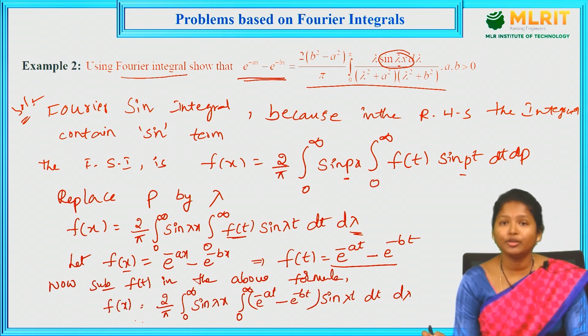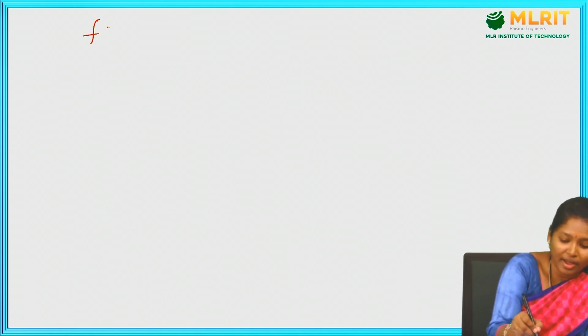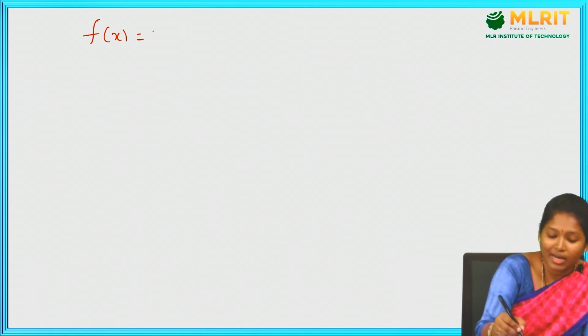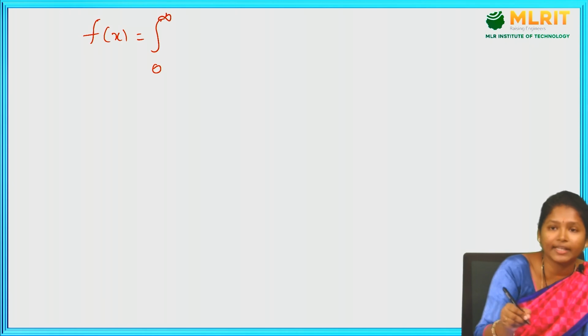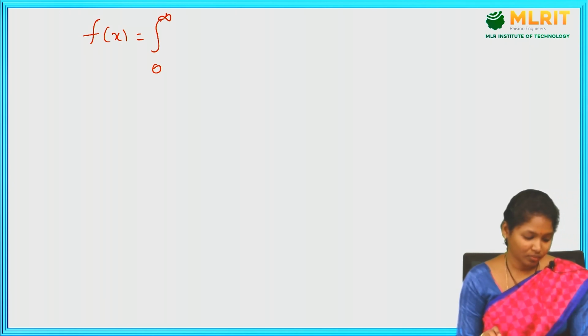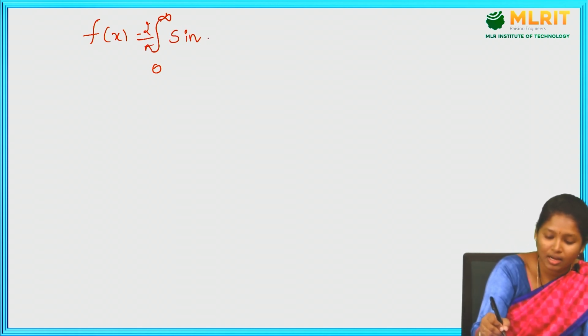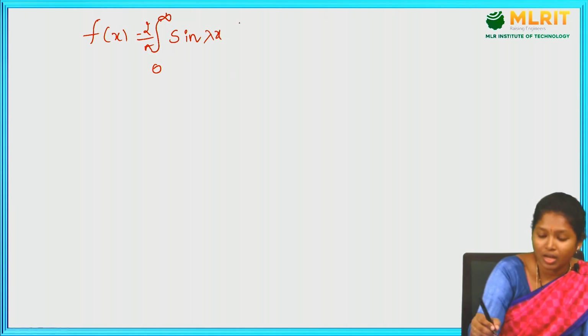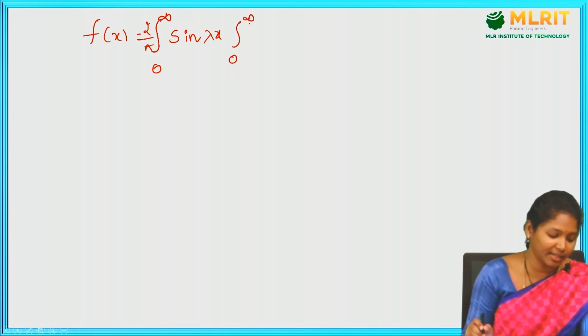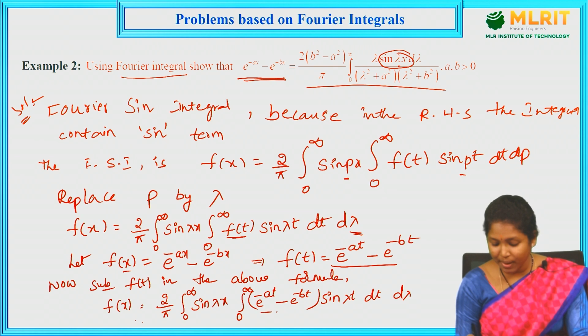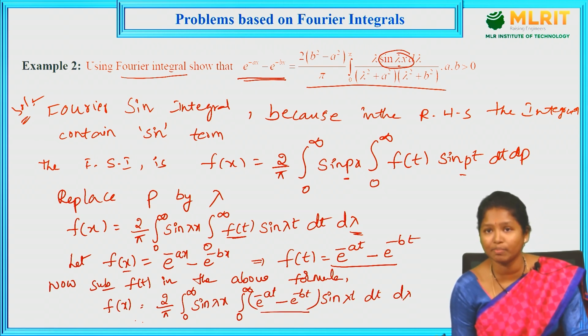So now we are doing basic integration. So f of x equal to 2 by pi integral 0 to infinity sine lambda x integral 0 to infinity, here e power minus at minus e power minus bt, sine lambda t is this, right?